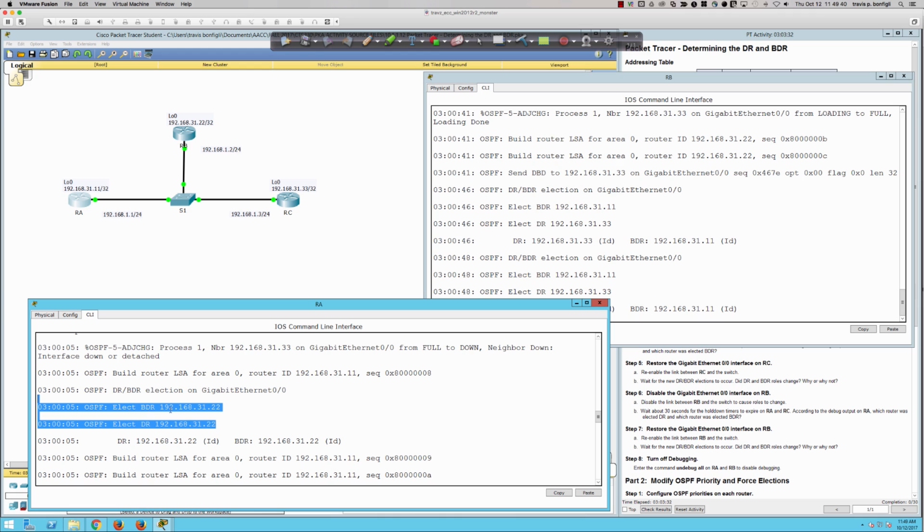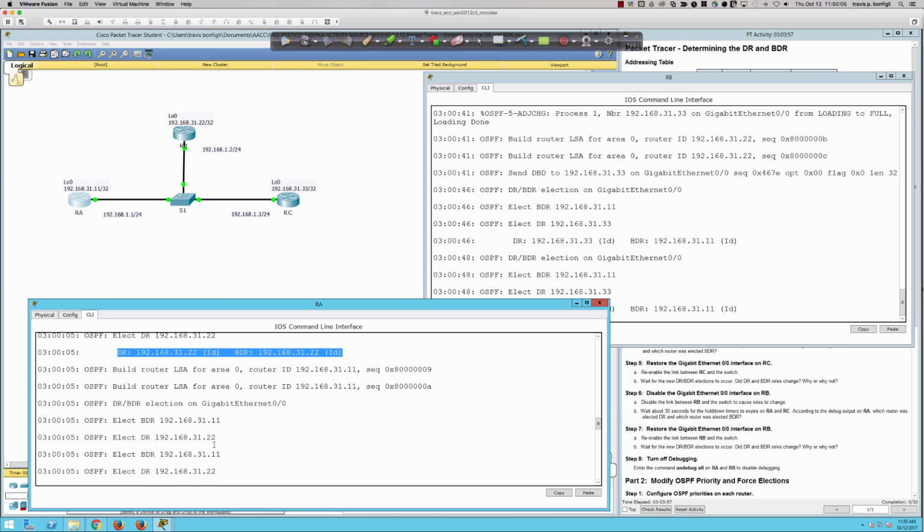Router 2 says, yep, I'm the BDR. And then they look around and say, well, I'm promoting myself to the DR based on the information in the hello packets that show the priorities, if any. And here you can see that at this point, router 2 is the DR, or becomes the DR.